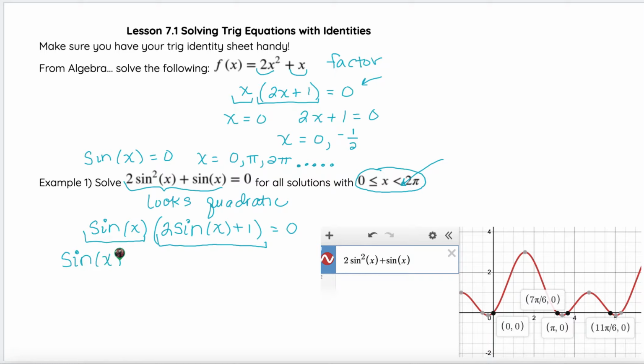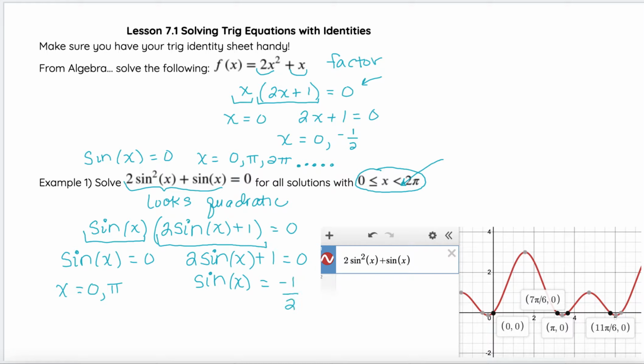I have sine of x equals 0, and 2 times sine of x plus 1 equals 0. I know that sine of x is equal to 0 by looking around my unit circle. The values between 0 inclusive and 2 pi are 0 and pi, because 2 pi is not included. On the right-hand side, I can solve for sine by subtracting 1 and dividing by 2.